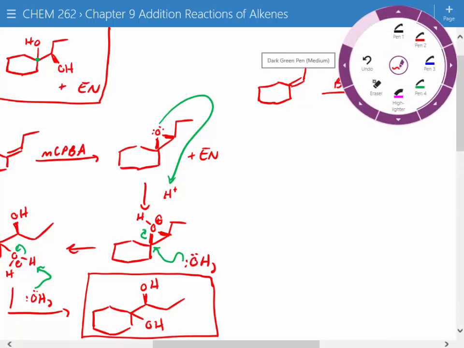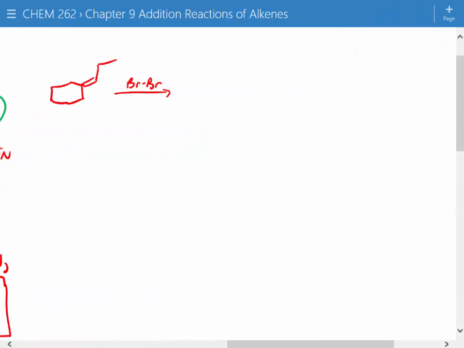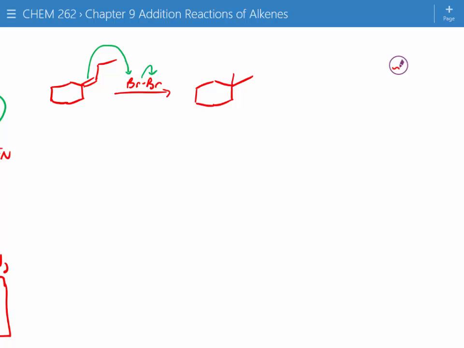Let me slide this all the way over. First step, we'll grab this bromine, kick off the bromide. Then we form our bromonium ion, which has a positive charge.